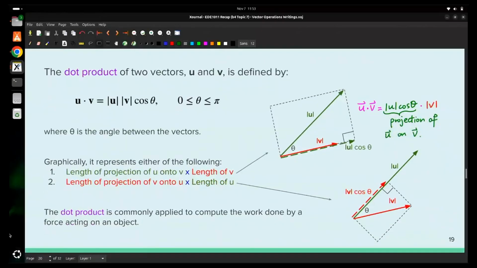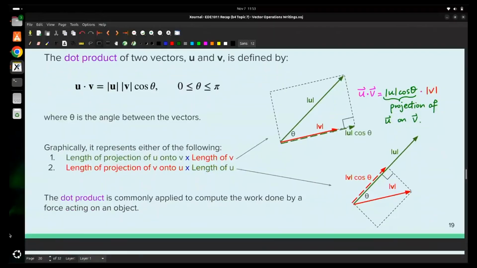But you can also view it in another way. This cosine theta belongs to v. So I can also project this red v onto u, and I get v cosine theta. I take v cosine theta, which is the projection here, and multiply by the length of u itself.